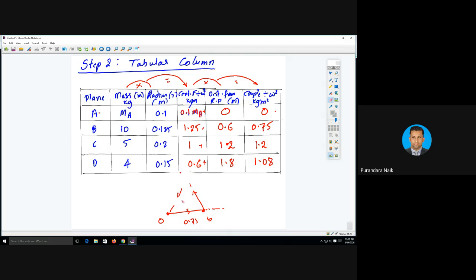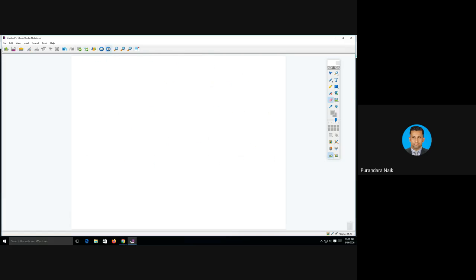So let us go to the couple polygon. Next step, step 3, couple polygon. You cannot draw the full-size polygon here, so you need to take a proper scale.